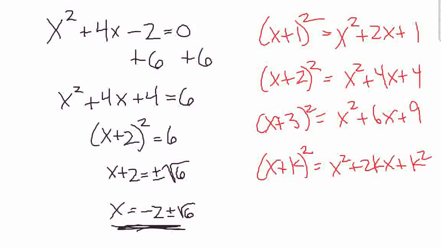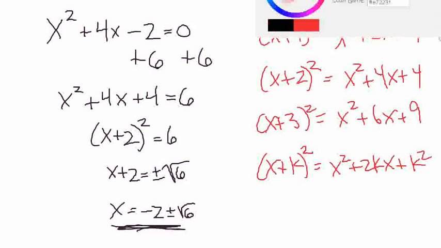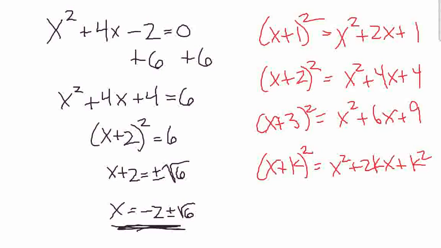All right? Now, looking at the coefficients for a second, notice that the last coefficient is always the square of half of the middle coefficient. Okay, the last number is the square of half of the middle coefficient.